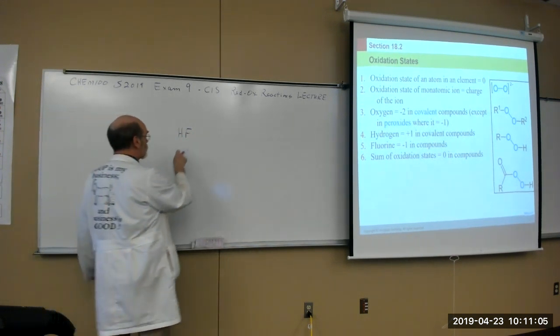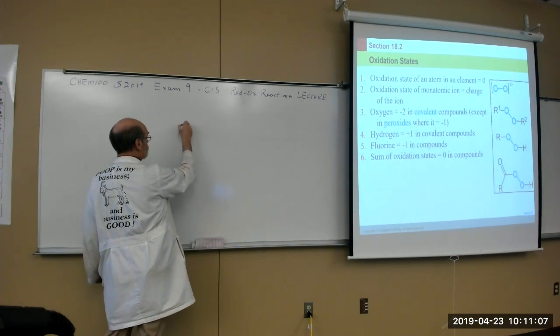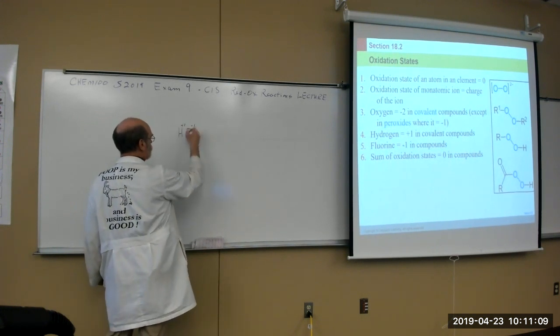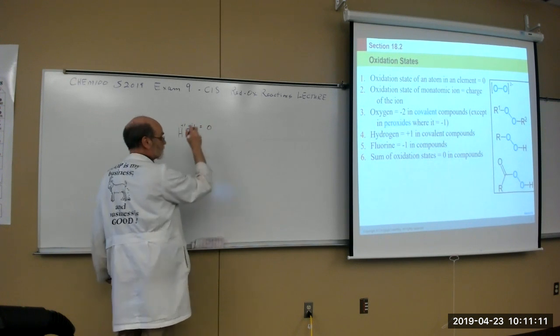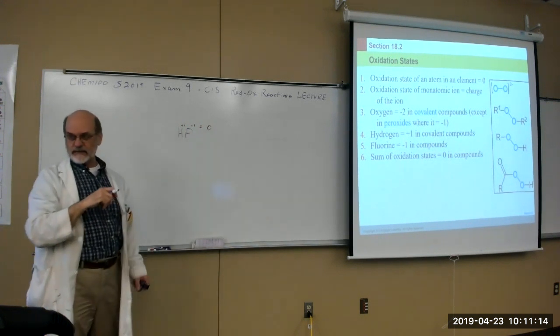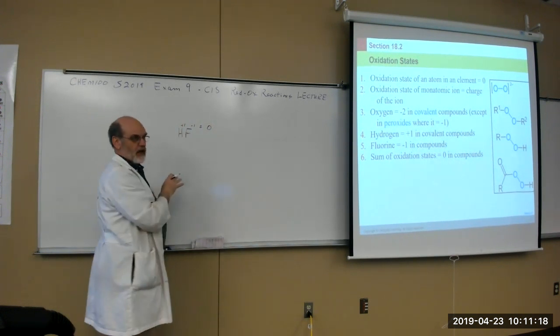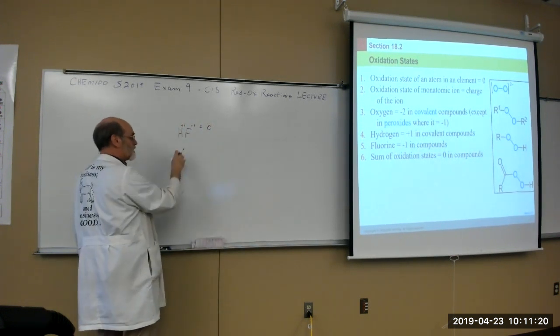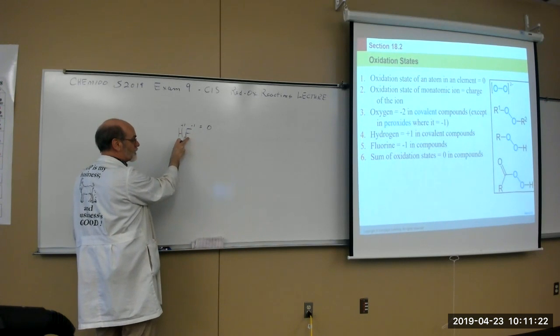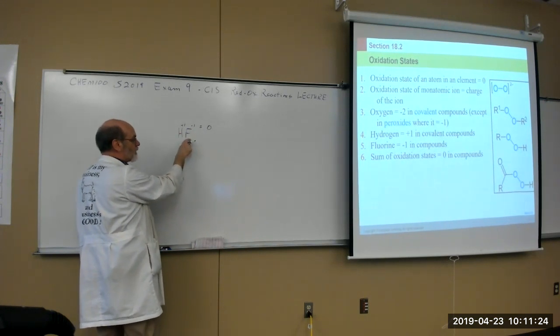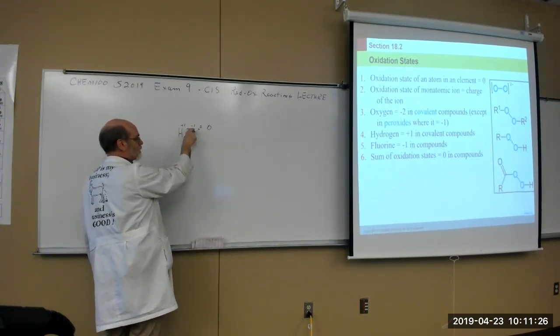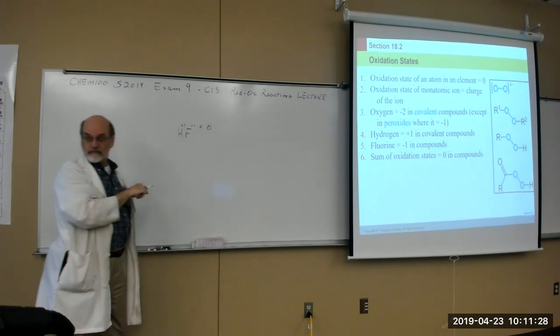We said that hydrogen's got to be +1, fluorine's got to be -1, so we add those together, that's 0. That's a really simple one. But if you had a more complex compound, they'd still have to add to 0. And if you have subscripts, then you multiply those times the oxidation state first, then add them together.